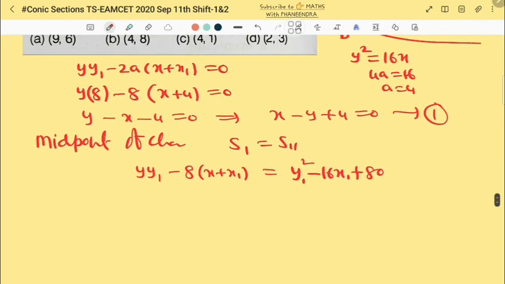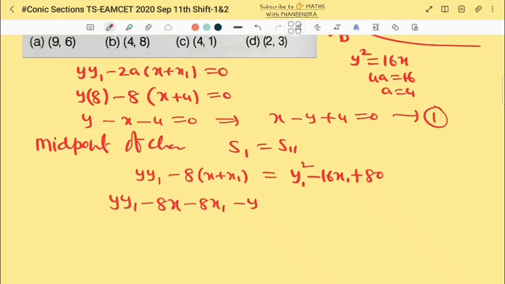So now y1 minus 8x minus 8x1 minus, here what we have to do is, this is the parabola equation, y1 minus 2a.